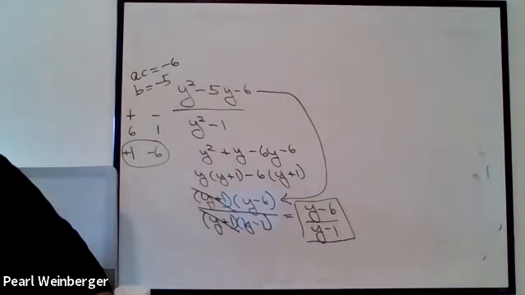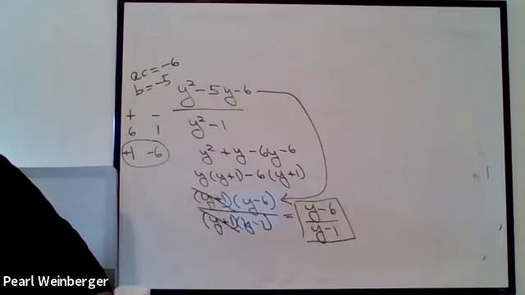Twenty y squared minus 45 is my numerator. My denominator is 10y squared minus 5y and minus 15.